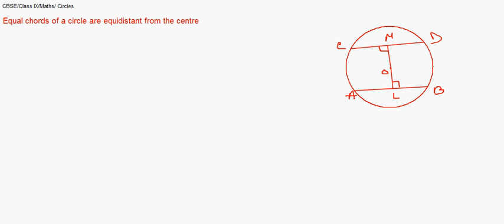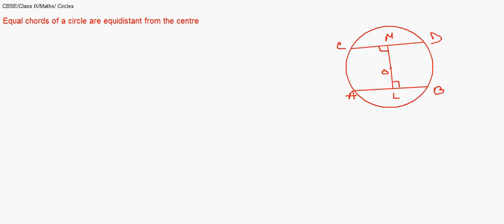We have to prove these chords AB and CD are equidistant from the center. That means we have to prove OL and OM, the perpendicular distances, are equal. When it says equidistant, we mean the perpendicular distance from the center. We have to prove OM equal to OL.